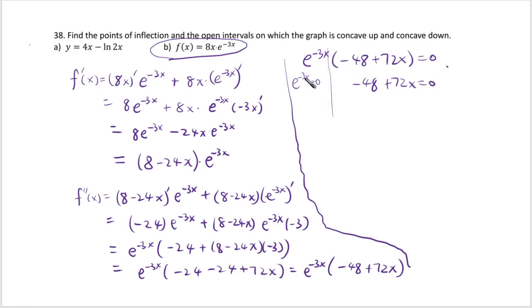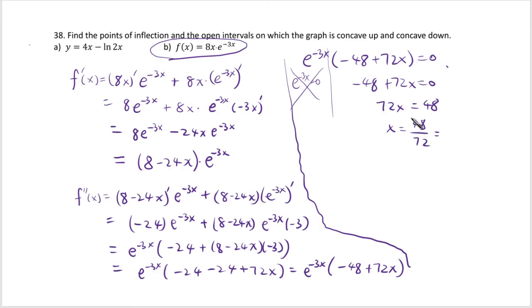Well, exponential functions are never 0, so that can't happen, so it has to be this. Adding 48 to both sides gives 72x equals 48, and dividing by 72, I get 48 over 72.